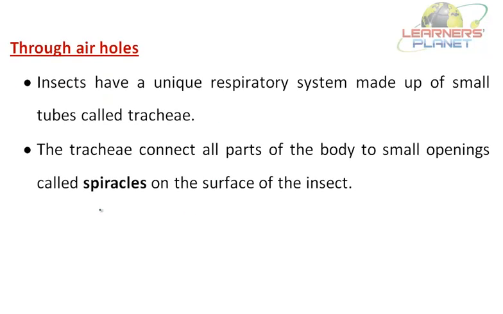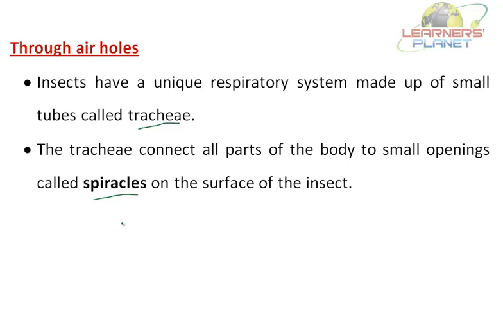Other than that, there are organisms that breathe through air holes, like some of the insects. Insects have a unique respiratory system which is made up of small tubes called trachea. So this trachea connect all parts of the body to small openings called spiracles on the surface of the insect.